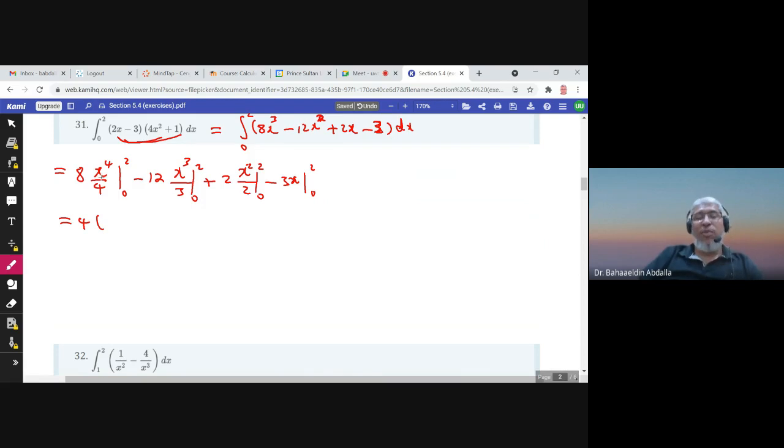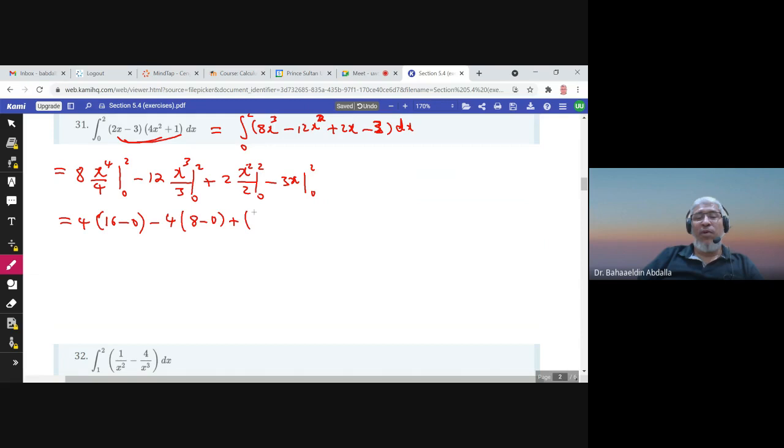And now for x to the power 4, you replace x by 2. So 2 to the power 4 is 16, minus 0 to the power 4, which is 0. Minus 12 over 3 is 4, and then 2 to the power 3, which is 8, minus 0. 2 over 2 is 1.